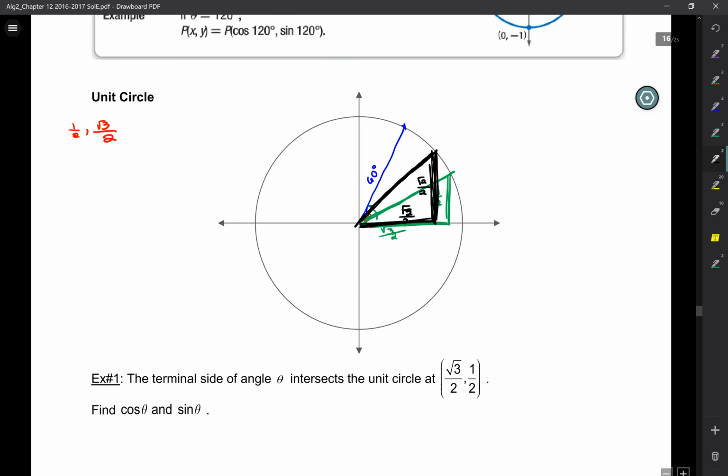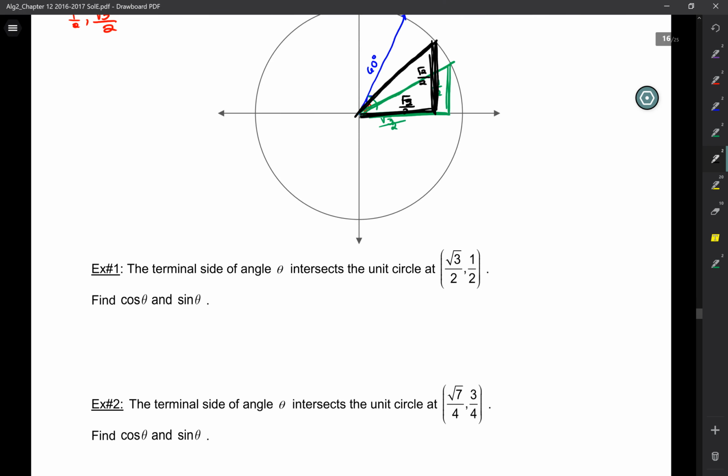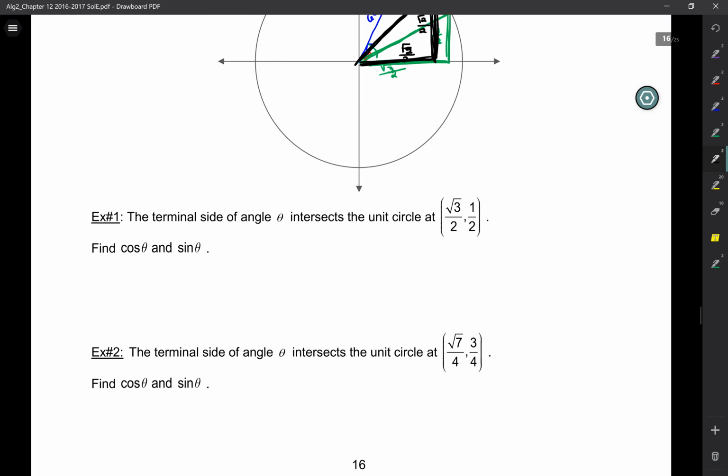Okay? Now, here's how we're going to use all this. Take a look at this one. You have an angle. The terminal side intersects the unit circle at root 3 over 2 and 1/2.